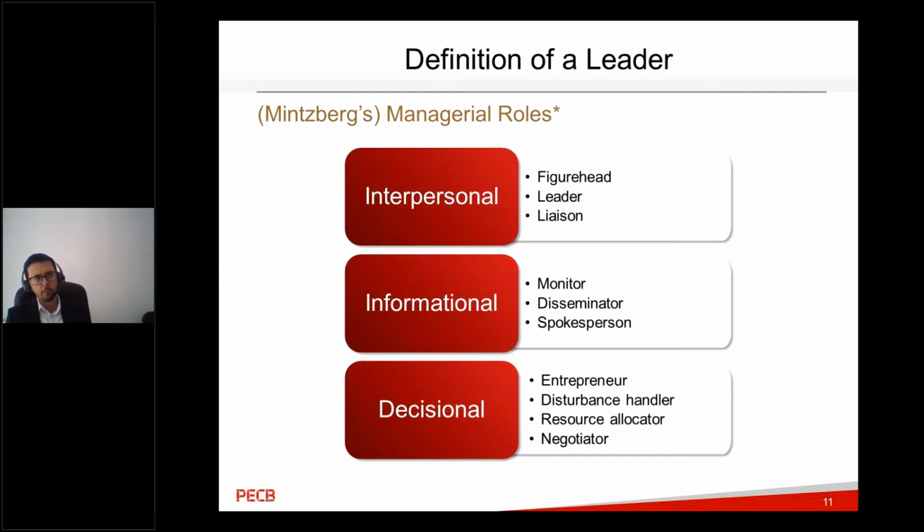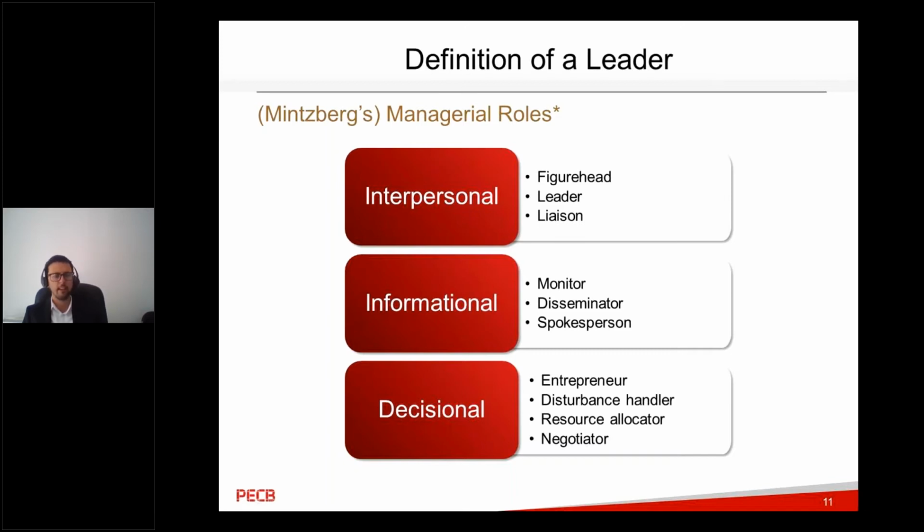But when it comes to the informational roles, we said that a manager can be a monitor, a disseminator, or a spokesperson. We tend to remember that when we talk about the monitor role, the monitor is somebody who tries to gather information and to analyze how this information is translated into challenges or opportunities within an organization. He is also the disseminator, which is basically the opposite of monitor.